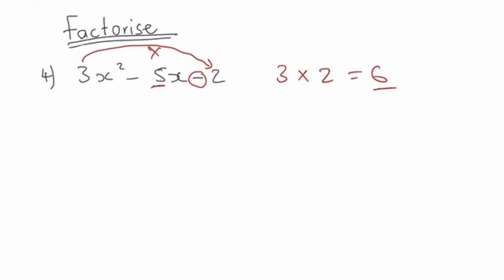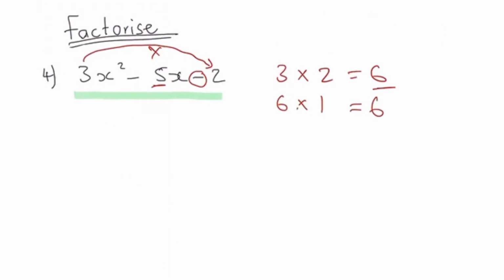Those are 6 times 1. These are the factors of 6. After finding the factors of 6 that, when you subtract them, you get 5, your next step is to rewrite this using these two numbers, such that you replace minus 5x with those two numbers.